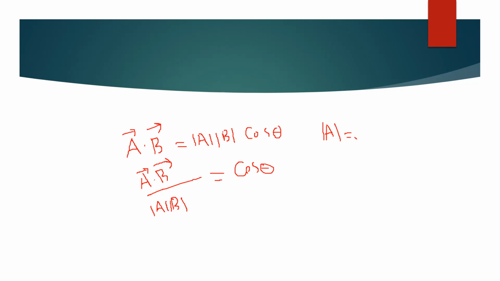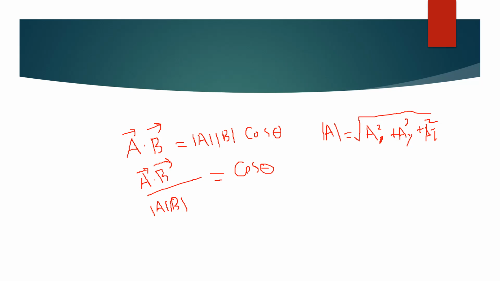Magnitude of A can be written as root of Ax square, A along the x-axis, square of it, plus A along the y-axis, and A along the z-axis. Squaring it and rooting it, we get the magnitude of A.